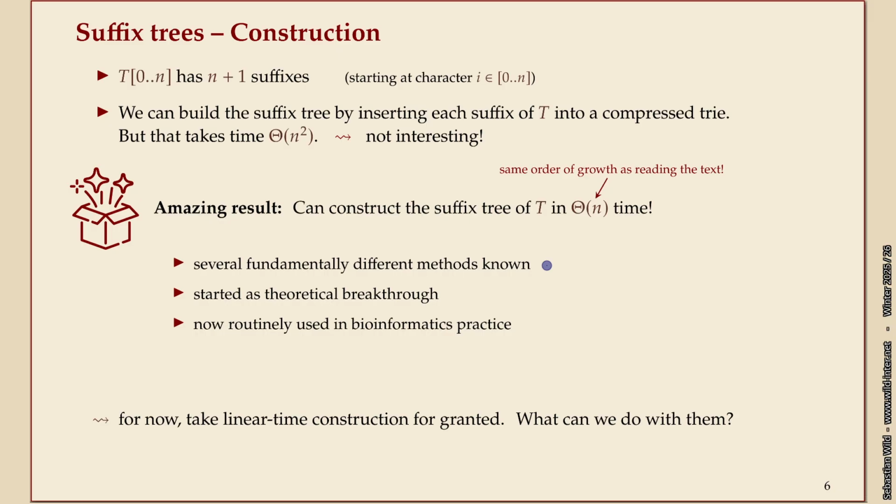It's a problem that people spent quite some time thinking about because it's so relevant in these applications, and so they came up with some interesting ideas along the way. It started as a mostly theoretical result, but is now routinely used. Not exactly in the form that you build literally the suffix tree, as I said, but conceptually the problem that you solve is the same. So for the moment, we'll just assume that these are already here, and we'll first explore what we can do with them.